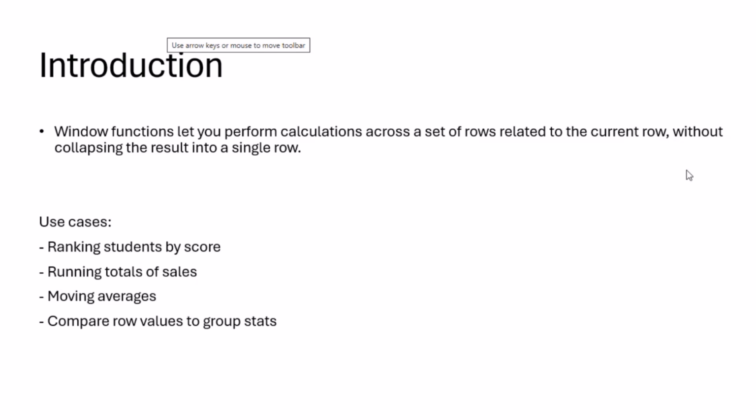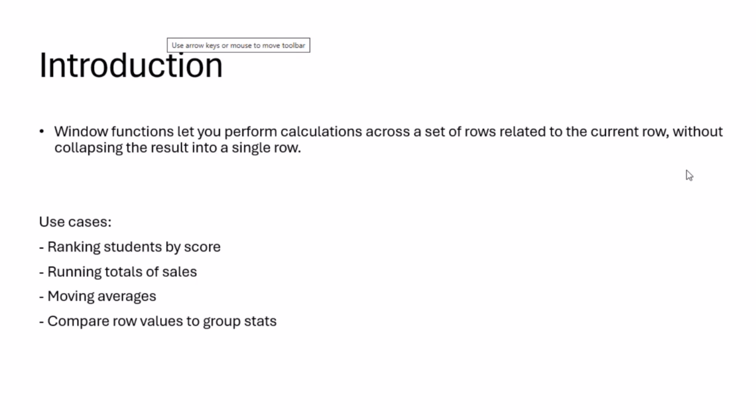So we have some use cases. For example, let's say you want to rank students by score, or you want to do running totals of sales. You want to calculate moving averages, and you want to compare row values to group stats.